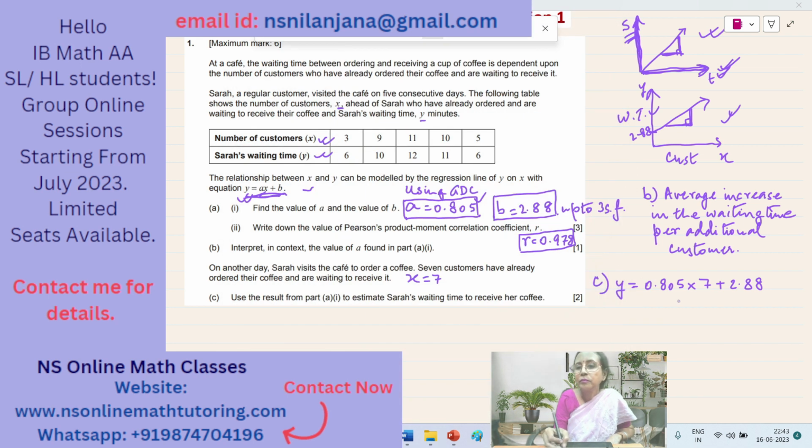Okay. So this is equal to 8.52, and the unit is minutes. Okay. Up to 3 significant figures.